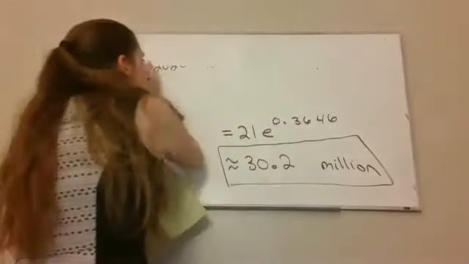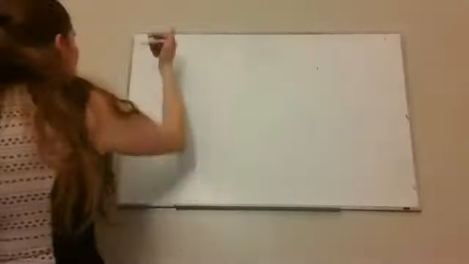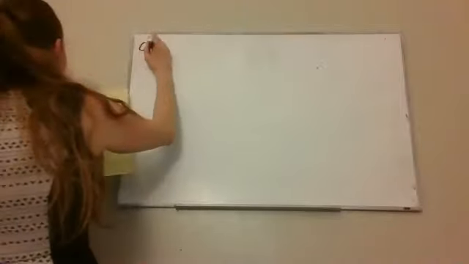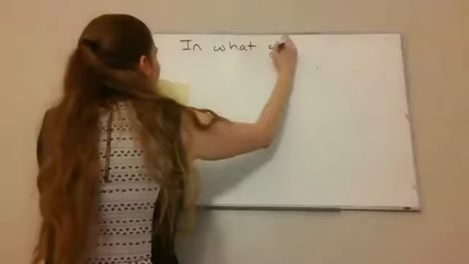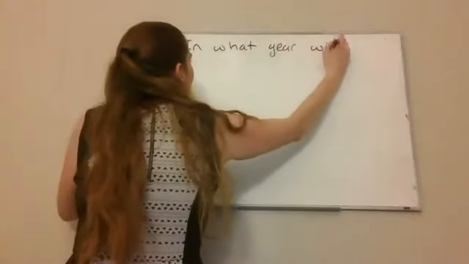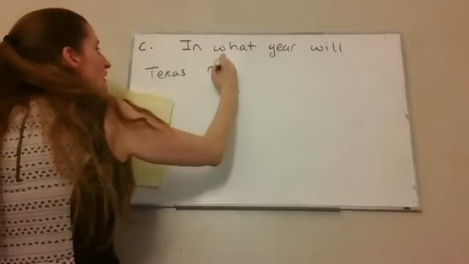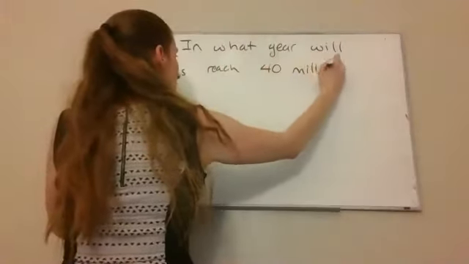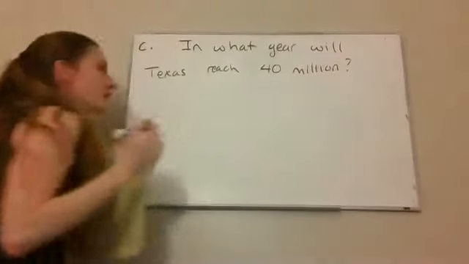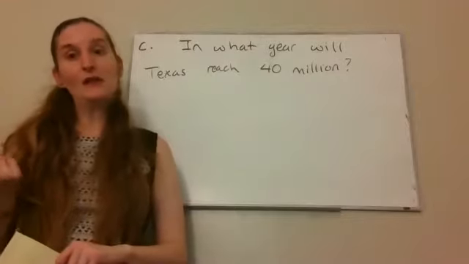Now, part C, we get to use our same function in a different way. Part C says, in what year will Texas reach 40 million? This time we know what the left side of the equation is. It's 40.